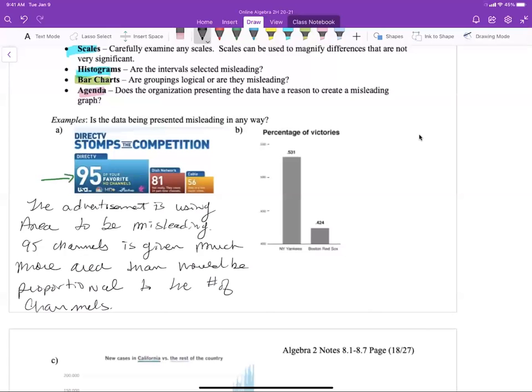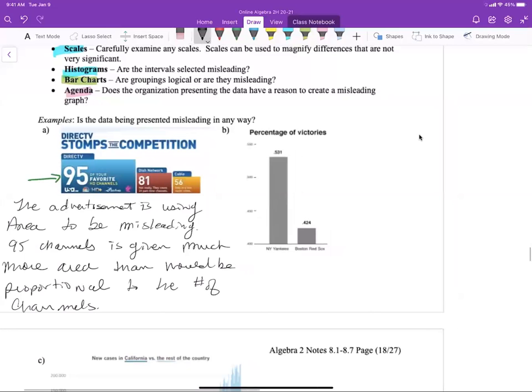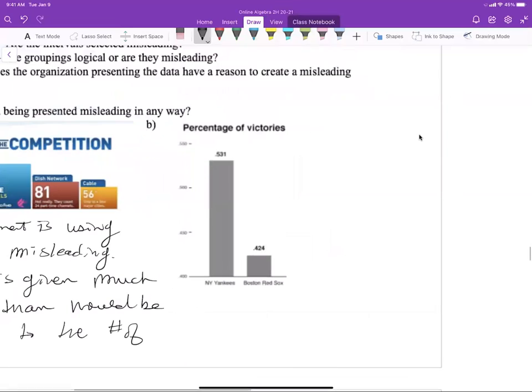Published by people who are wanting to promote DirecTV. All right, what about this graph?